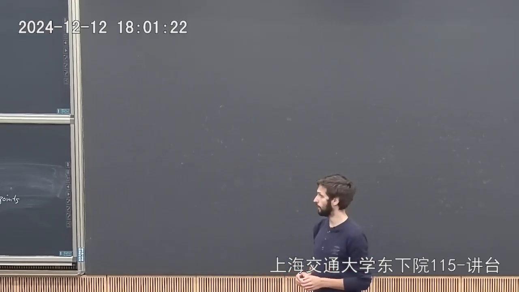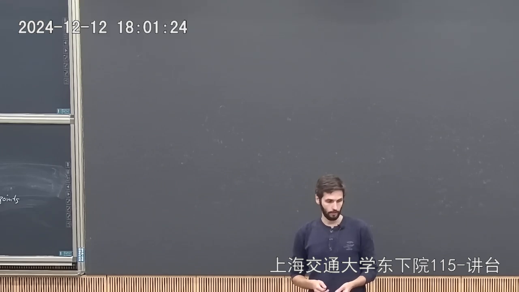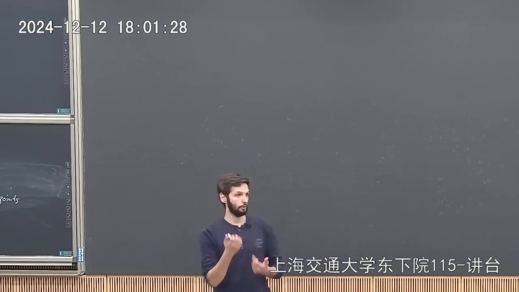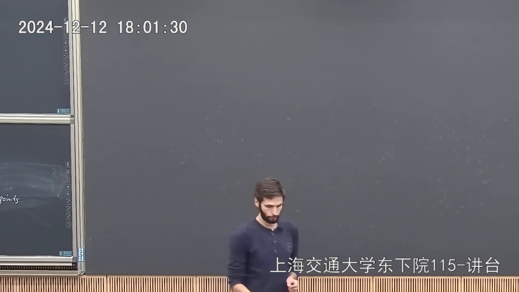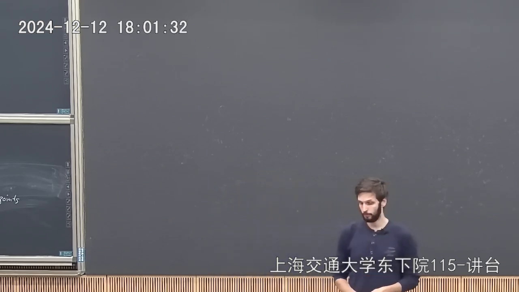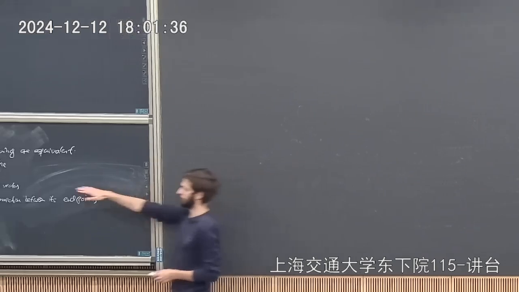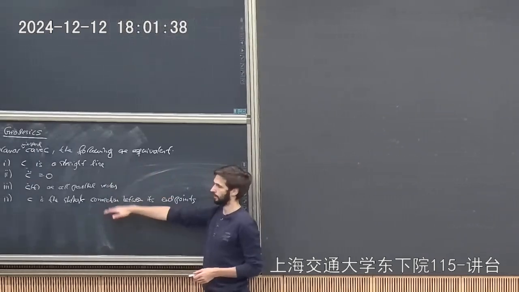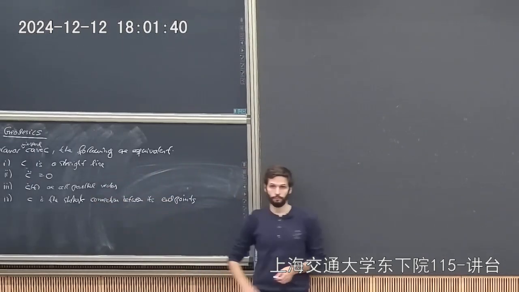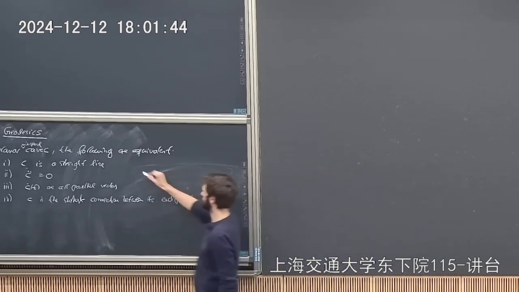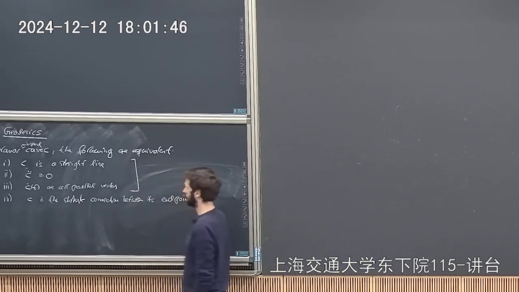And the question is now, what if you consider a very complicated surface, and you look at certain curves on that surface, and you would like to know what are the analogs of straight lines, and can you characterize them in many different ways. Today we will focus mostly on the first three properties.